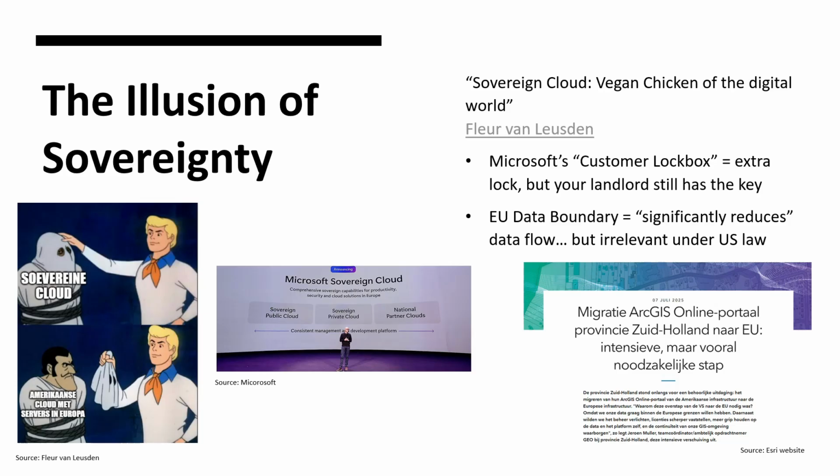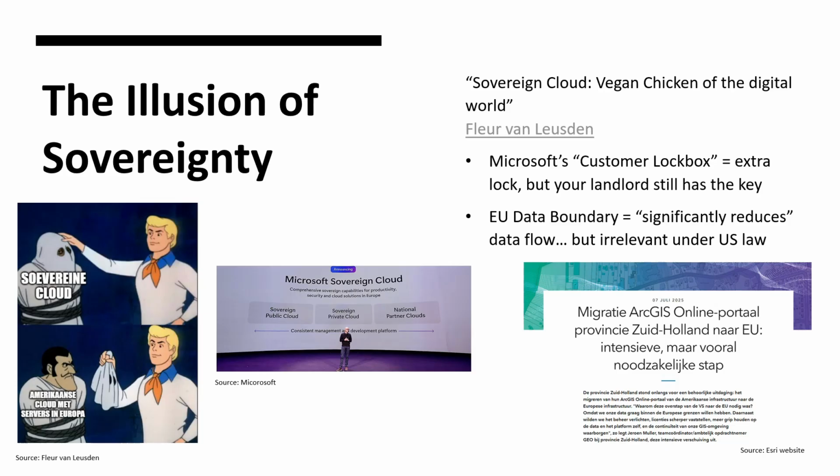But who holds the real power? The parent company remains American, subject to US law. Even with features like customer lockbox or the EU data boundary, the ultimate authority to access or restrict data doesn't lie with the European customer. It lies elsewhere. Bert Hubert's work underscores this point. Sovereignty isn't about where the servers are.